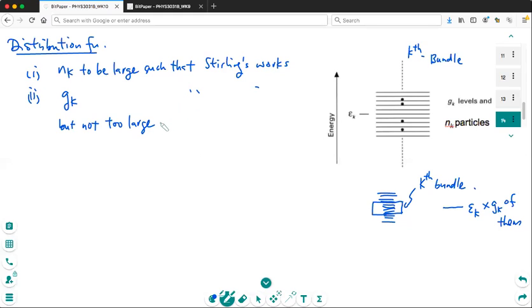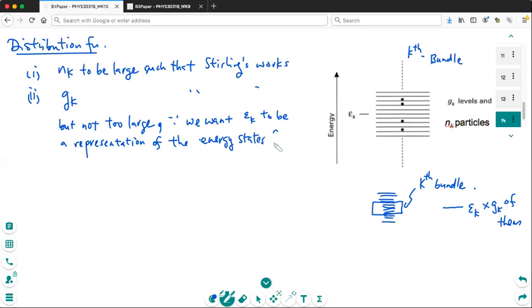Not too large because we want epsilon k to be a good representation of the energy states for the entire bundle.